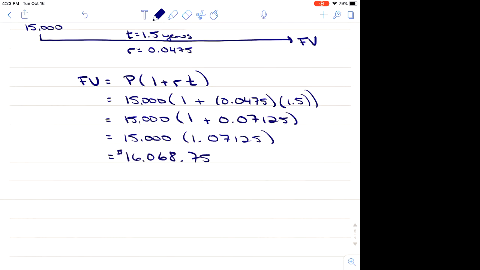I use the time value of money functions on the calculator. Did you use 4.75 as your rate, or did you use 0.0475?